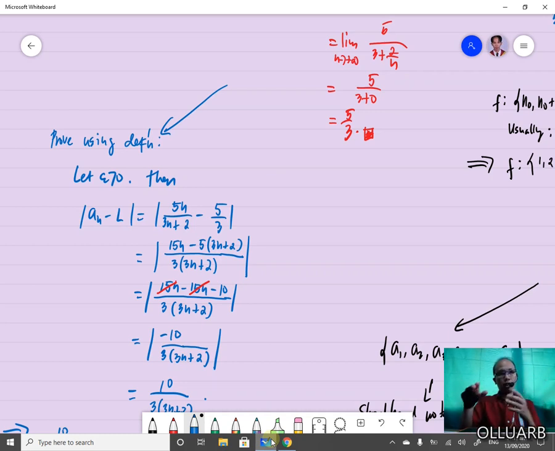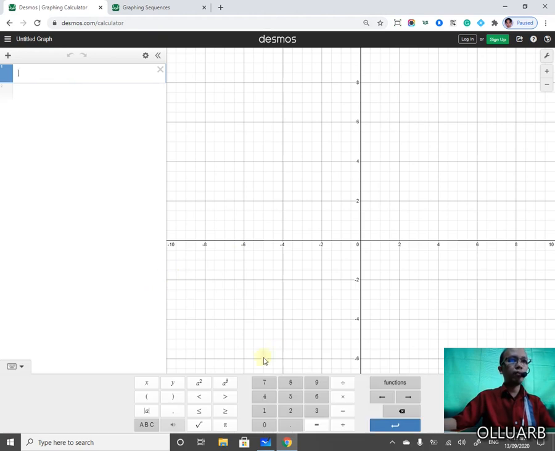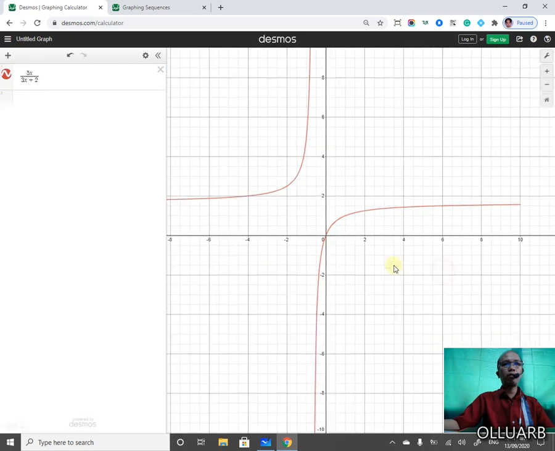So 5x over 3x plus 2. Let's try to graph that: 5x over 3x plus 2.